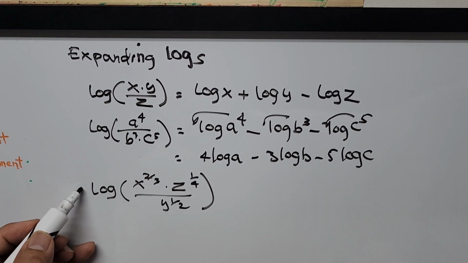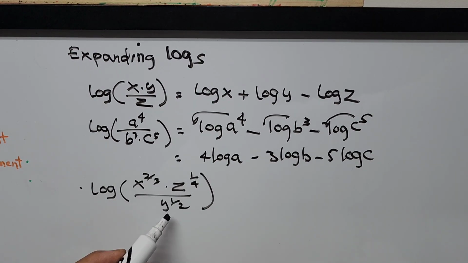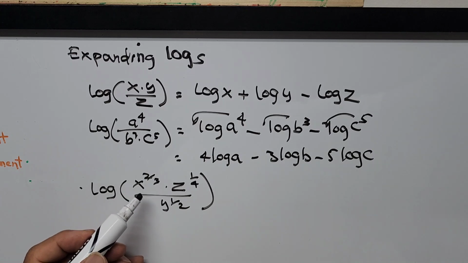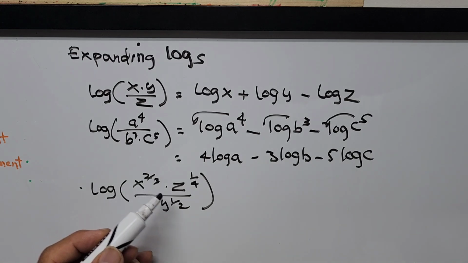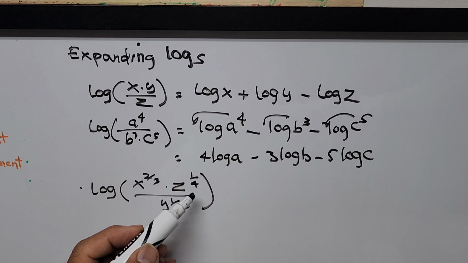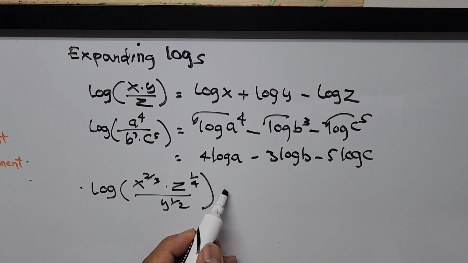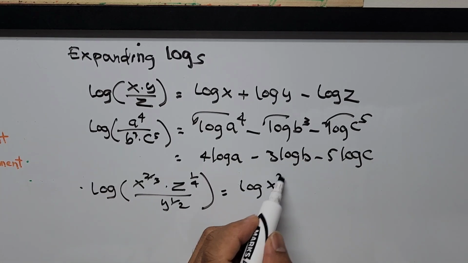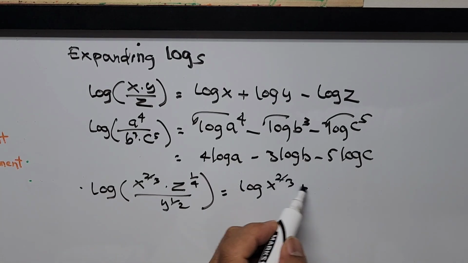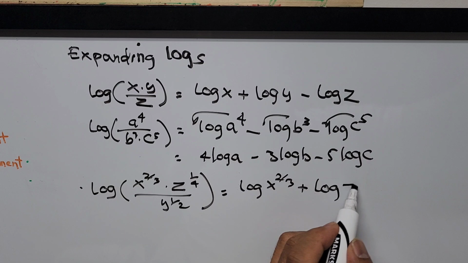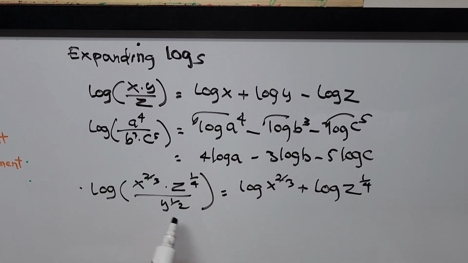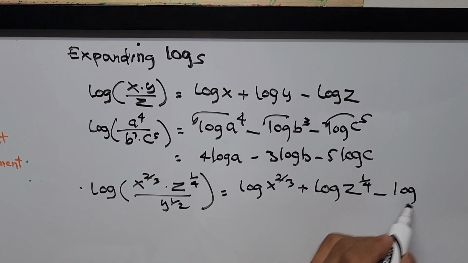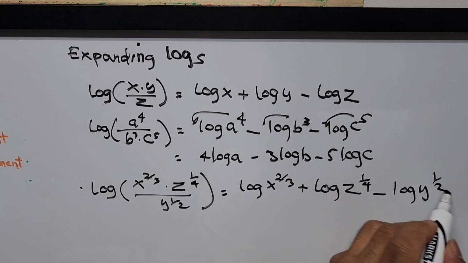So what about this? The denominator is y to the 1/2 power. The numerator is x to the 2/3 power, and z to the 1/4 power. So let's start. So log x to the 2/3 plus log z to the 1/4 minus log y to the 1/2.